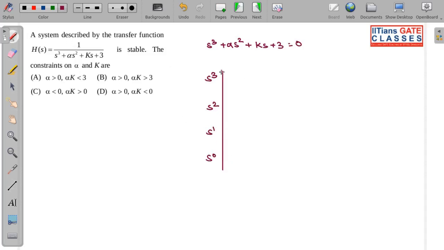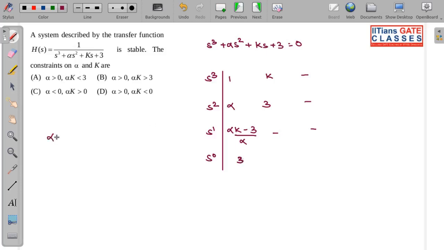So fill all the odd powers, so that will be 1, k, blank, and this will be alpha, 3, blank. So this will be what? Alpha k minus 3 by alpha, and all the remaining will be blank, and over here this will be 3. So now for this system to be stable, you can see this is positive, this is positive.